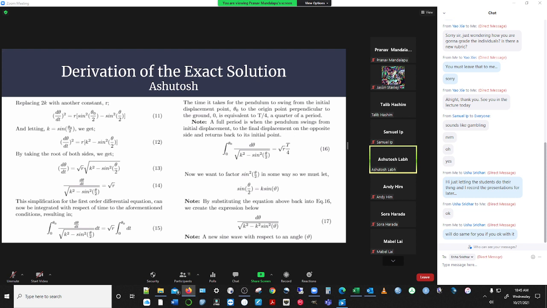So this becomes our main equation that we have to integrate to find out what our exact solution for time is.